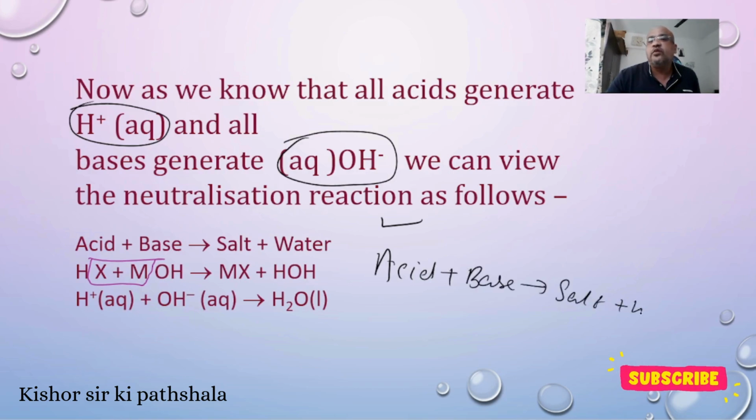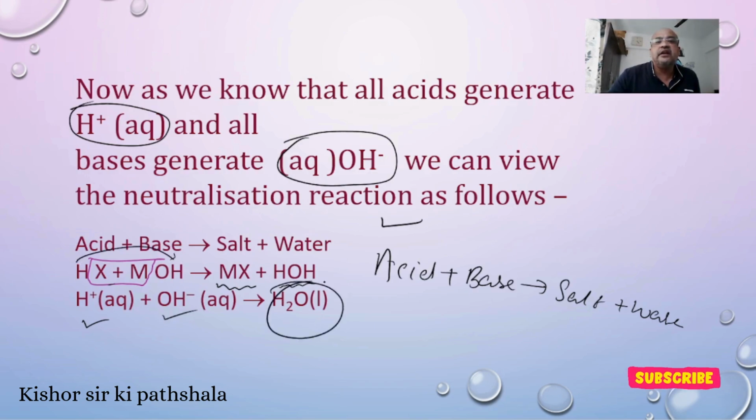Here X goes with M and we get a salt, that is my MX salt, and water, HOH. So H plus and OH minus combine together and we get water.